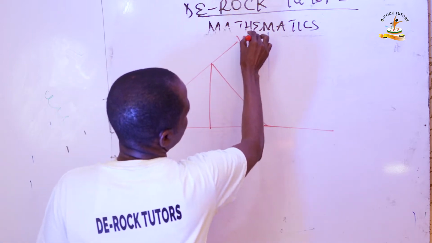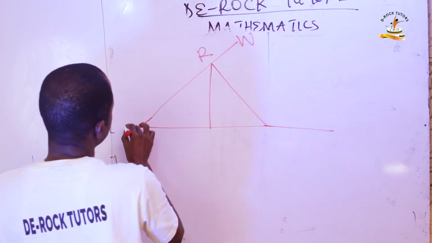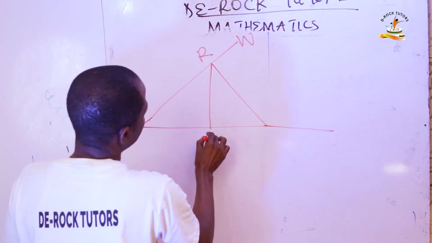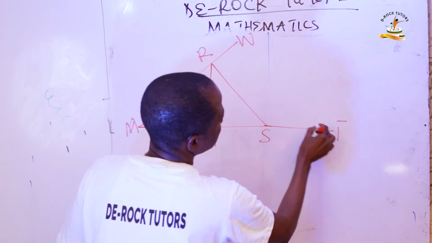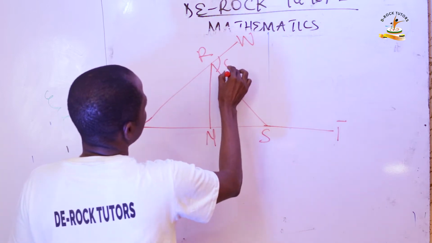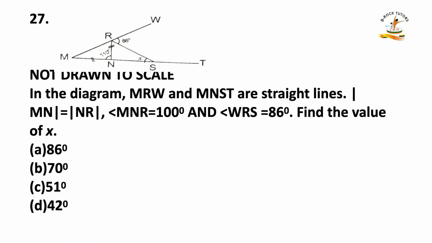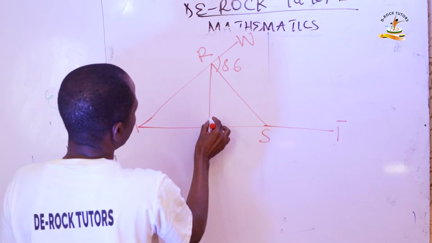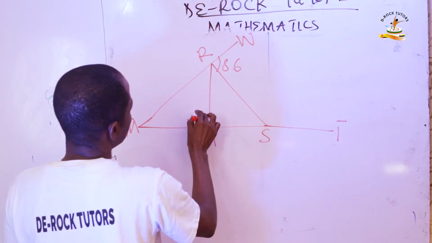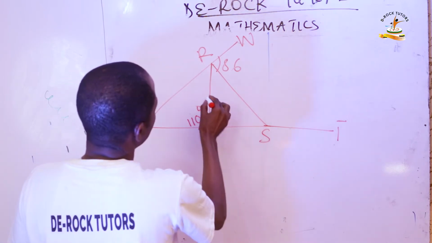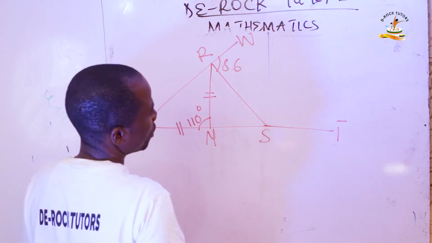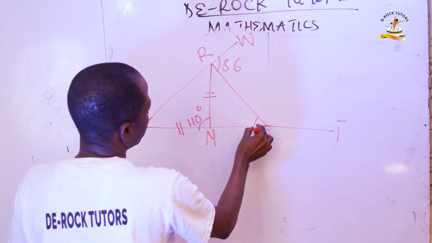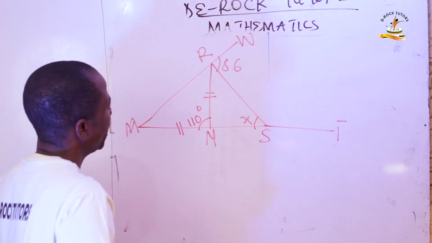This is W, this is R, this is M, this is N, this is S and T. And the angle here is 86 degrees. The angle here is 110 degrees. We are told that the length here is equal to the length here. And then we are asked to find the value of x here.